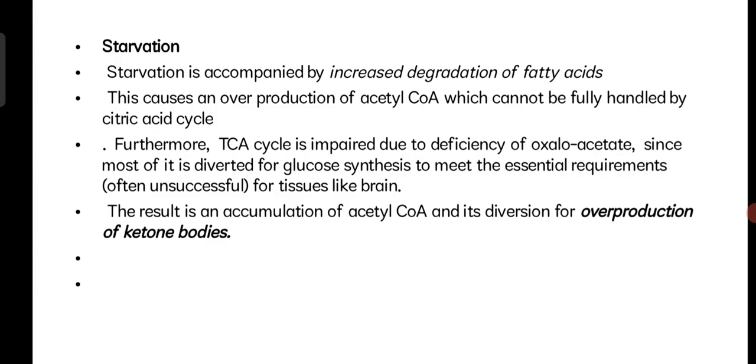If more acetyl-CoA is released, there will be deficiency of oxaloacetate in the citric acid cycle, and it results in glucose synthesis. This will help our daily requirements for the brain.